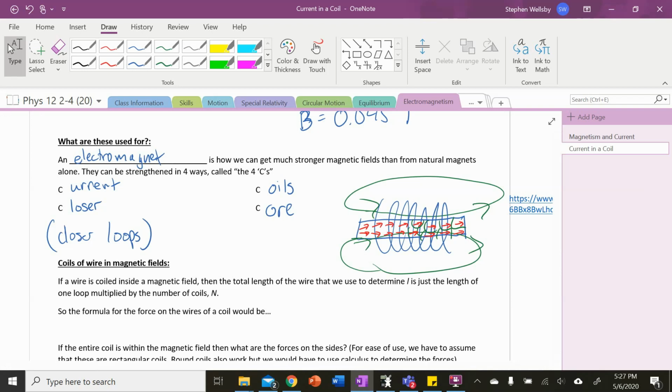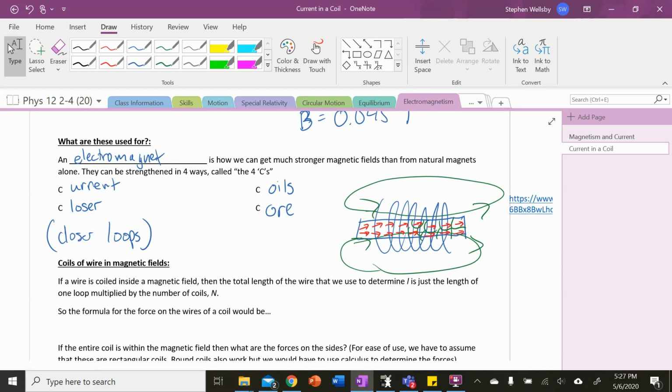If we're forcing these charges to move down the wire, we're putting a potential difference in a wire, essentially applying a force to push these charges down a wire, that creates a magnetic field. We also saw that when we have a wire in a magnetic field, then that applies a force on the wire. So these things can affect each other in both ways.